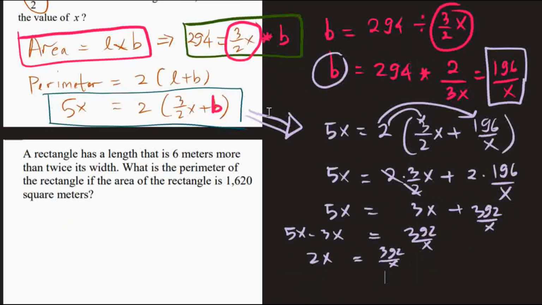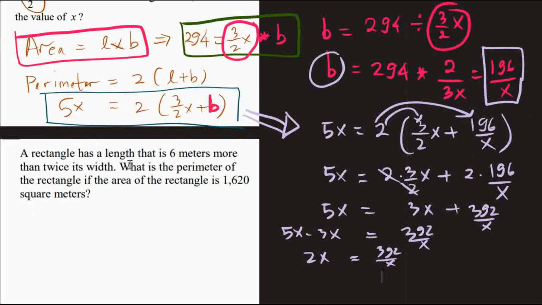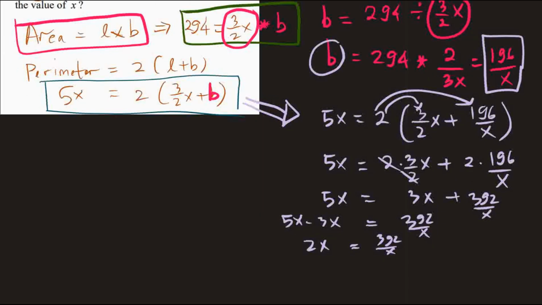So now we can have, let me move this side first. So we can have 2x is equal to 392 over x, and then cross multiply here, go here, and there is nothing, it means this is 1. So now it becomes x times 2x, 2x squared equals to 392.